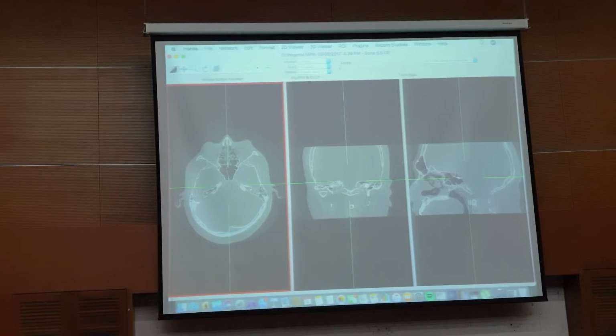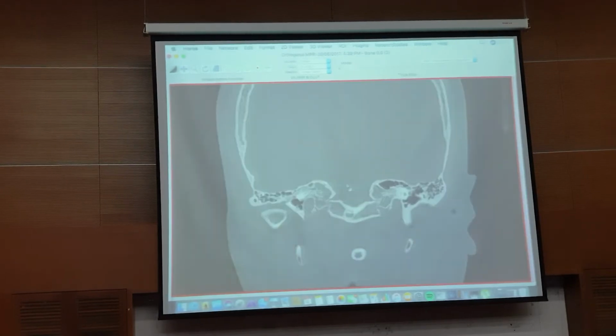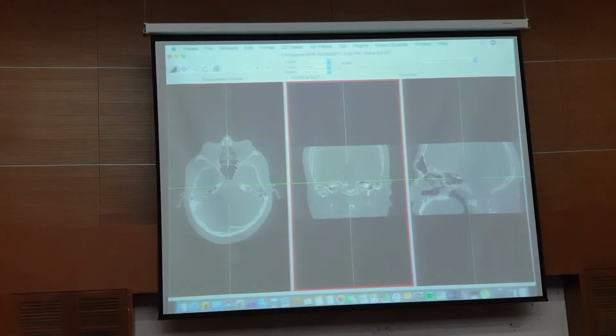Yeah, but there are times when the axial and the sagittal view have their own uses, because the paranasal sinus is after all a three-dimensional structure. Okay, so for the purposes of this, I'm going to actually use the coronal view.